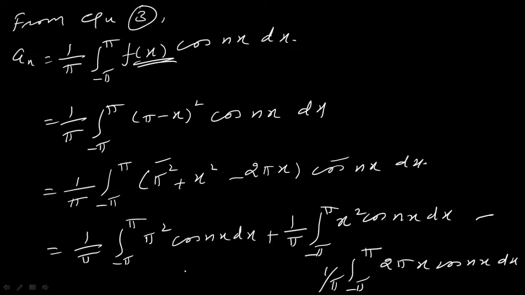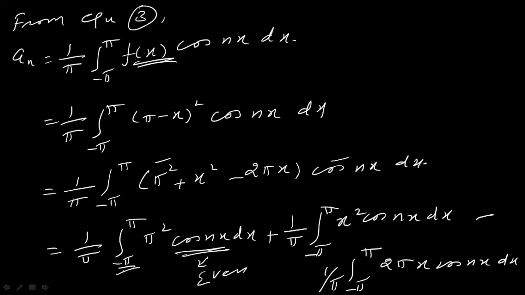Now what I am going to do is look at the integrals and check which of the integrals is odd or even. Based on that we can convert the integral from minus pi to pi as twice 0 to pi, or 0 directly. So here pi square is a constant, and cos nx is an even function, isn't it?